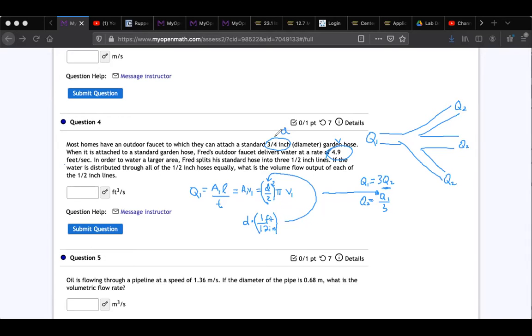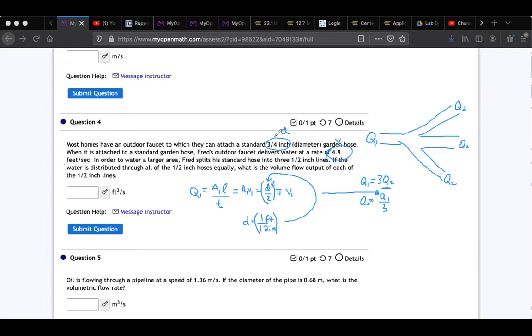So my R in the end becomes 0.03125 feet. Then I'm going to square that number, and multiply by pi, and then multiply by the velocity, which is 8.5.